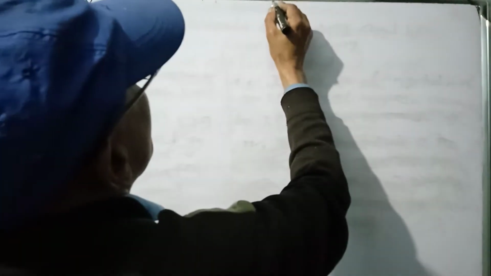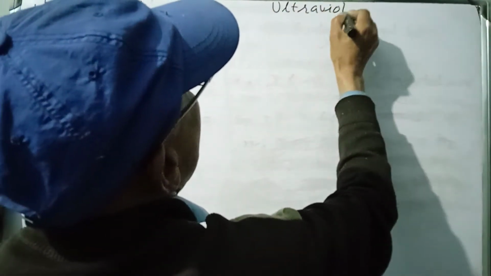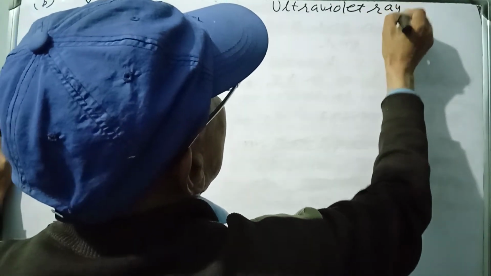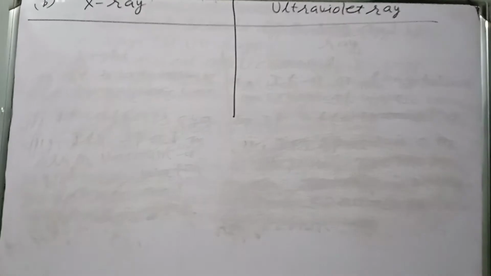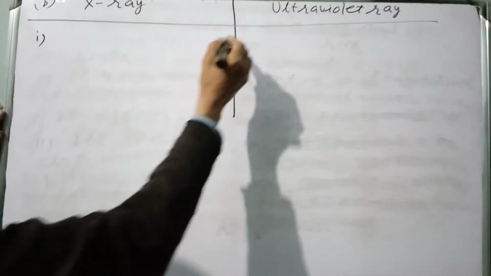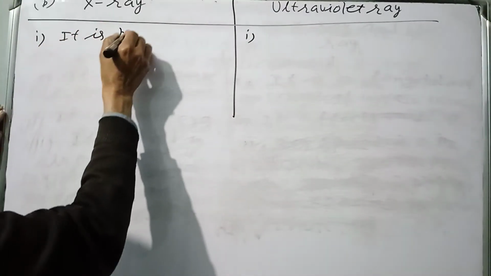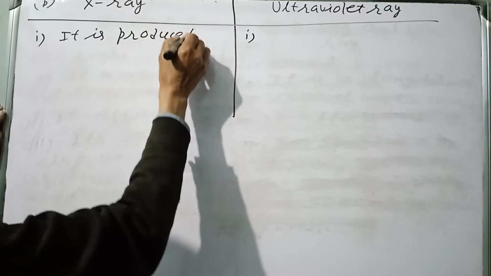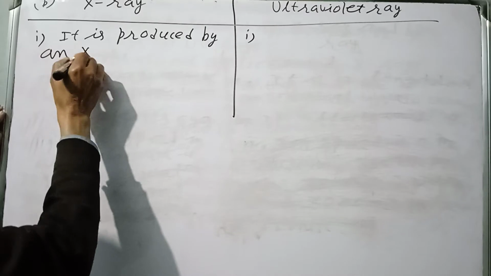Question number 2B, X-ray and ultraviolet ray. You can write the main differences between X-ray and ultraviolet ray. See, X-ray is produced by an X-ray machine.